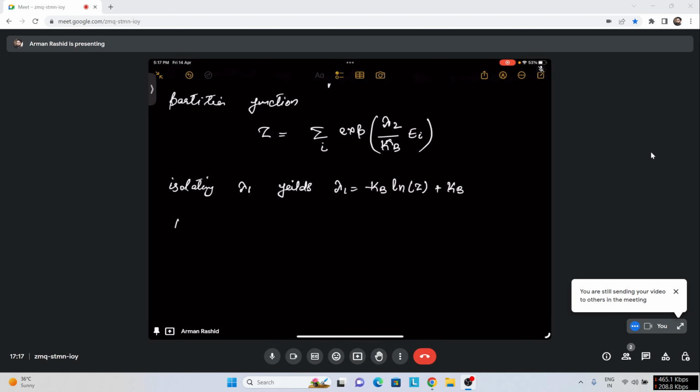Okay, now rewriting rho in terms of z. So what does it give us? It gives us rho I is given by 1 by z exponential lambda 2 by kb into ei.